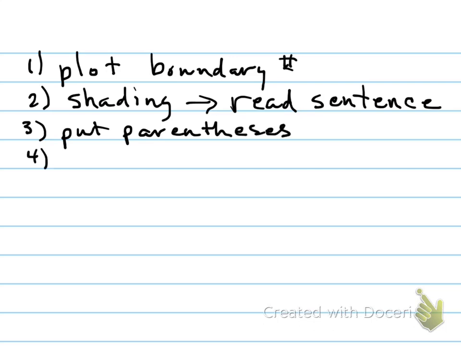Fourth, do the interval notation. Okay? So plot your boundary number, then do your shading. To get the shading, make sure you read the sentence carefully. Then put the parentheses in. Find out what parentheses you need. And then finally, do your interval notation.